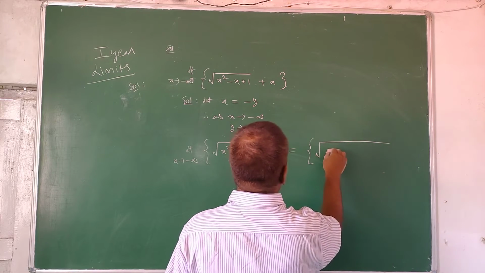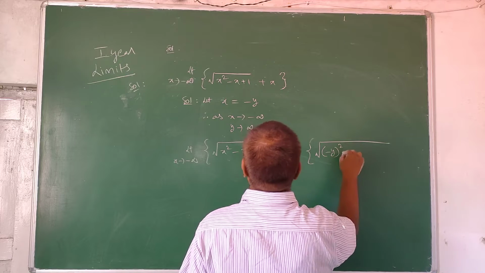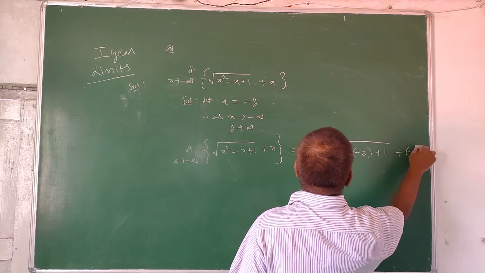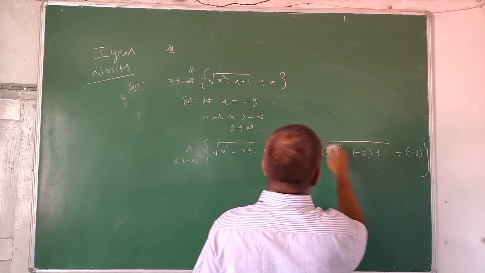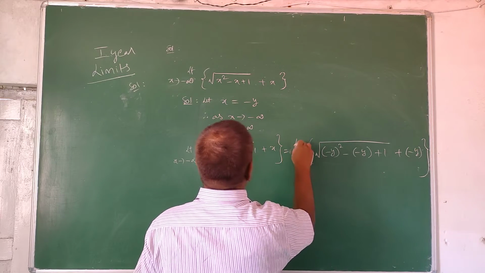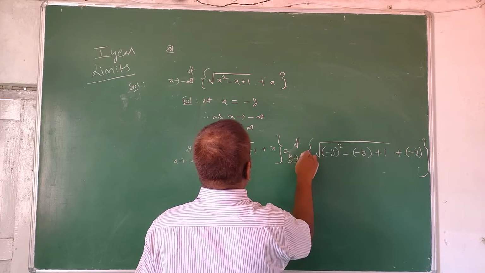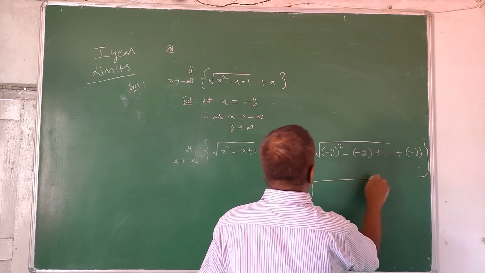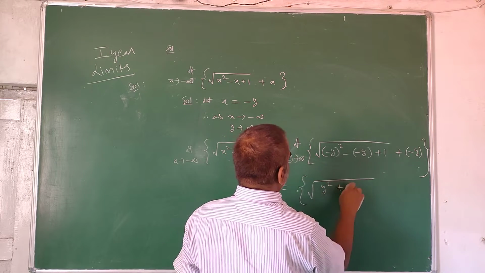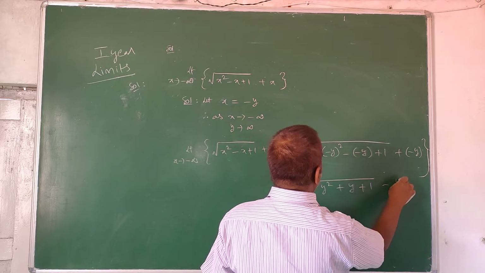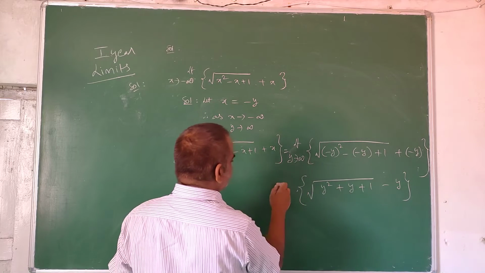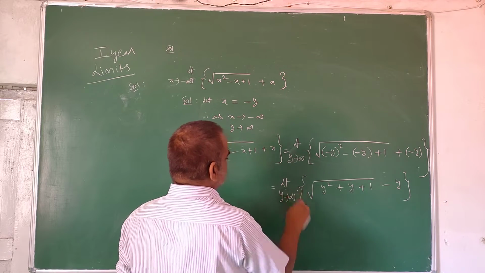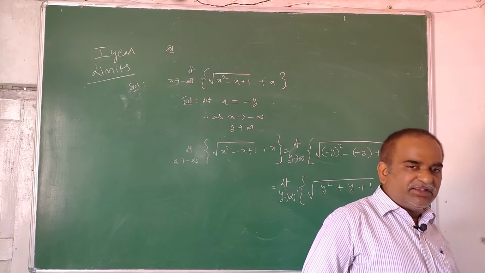So root over ((minus y) the whole square minus of minus y plus 1) plus of minus y, as y tends to positive infinity. So this is equal to root over (y square plus y plus 1) minus y as y tends to infinity. Now here you have to rationalize the numerator.